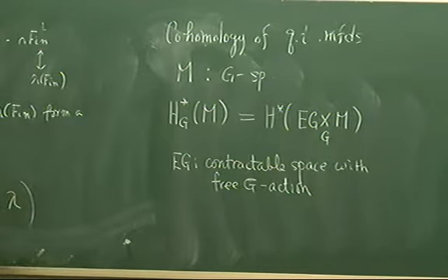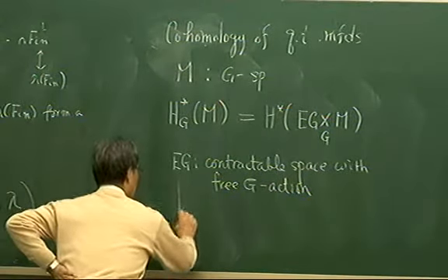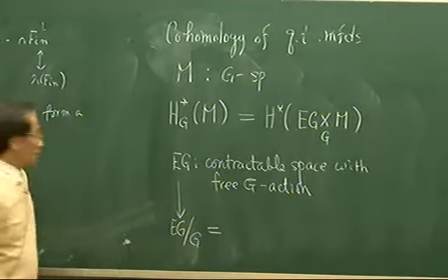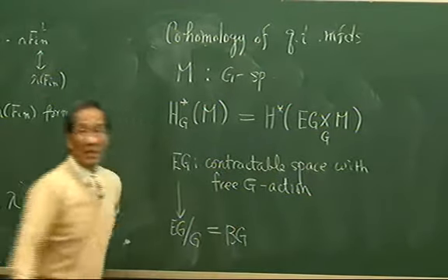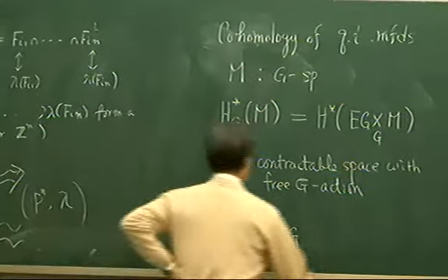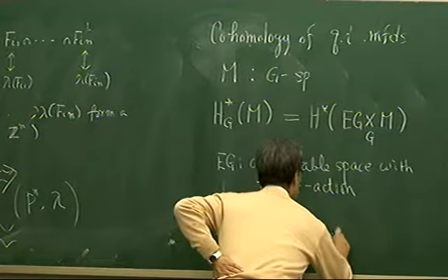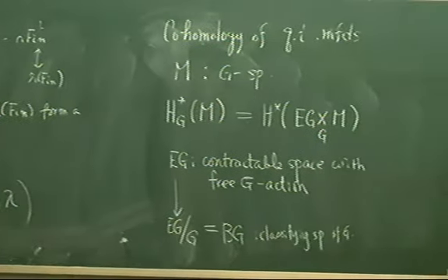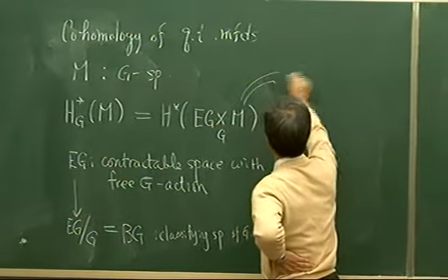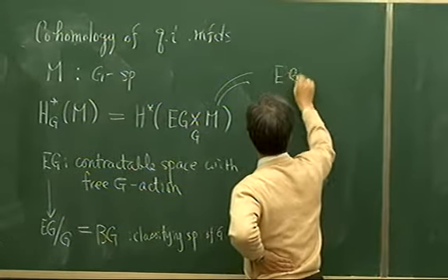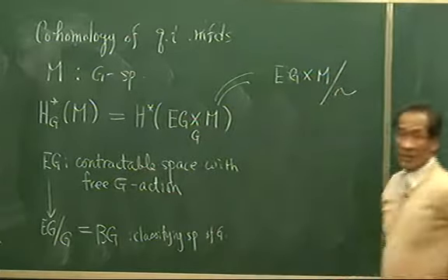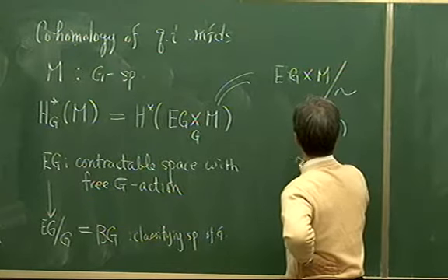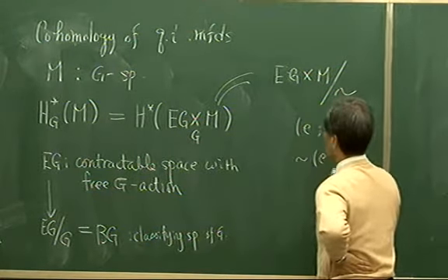And the orbit space is usually denoted by BG, and it's called the classifying space of G. And what is this space? It is nothing but EG times M, with the identification which says that (e, m) is equivalent to (eg, g^-1 m).